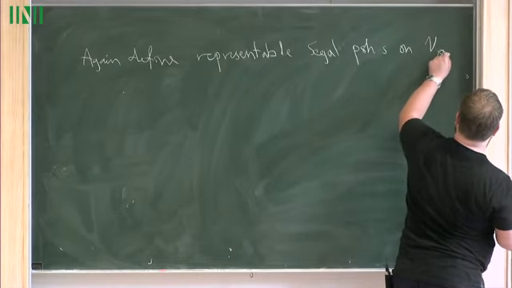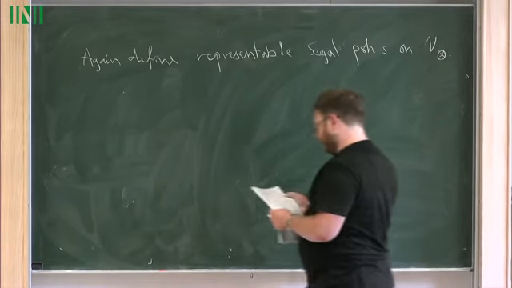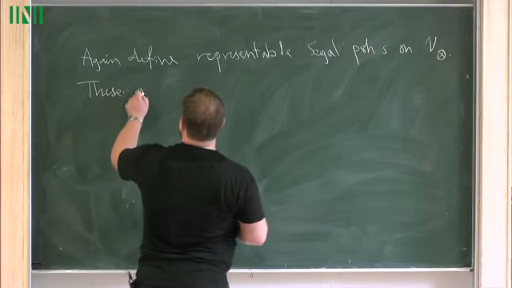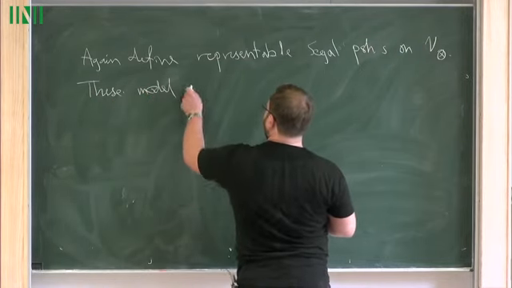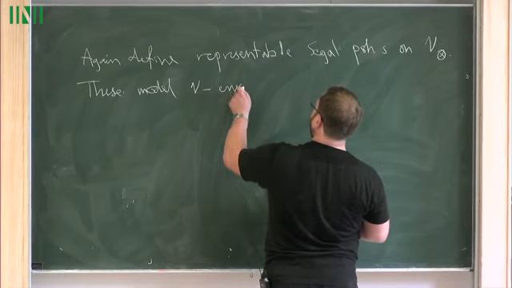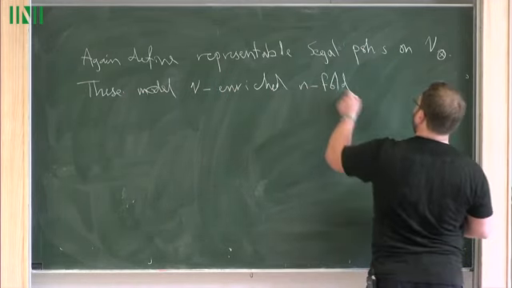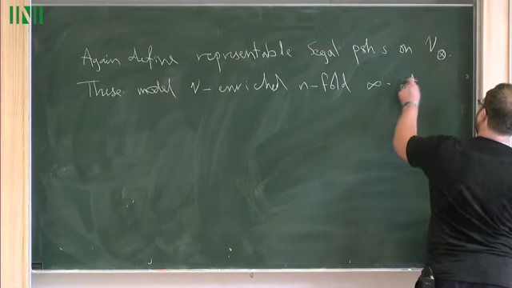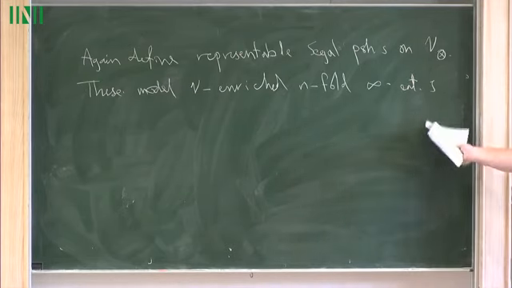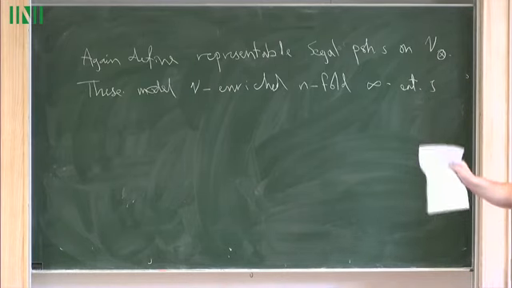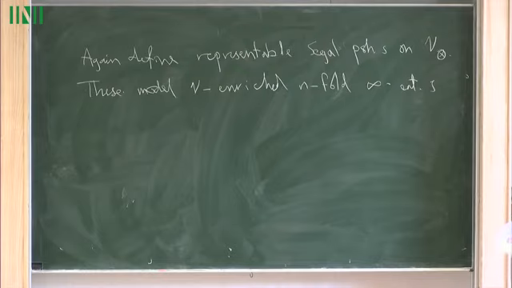This V lower tensor, and the idea is that these now model V enriched n-fold infinity categories. So if you take n equals 2, these are enriched double infinity categories, and so they have objects, they have two different kinds of vertical and horizontal 1 morphisms.